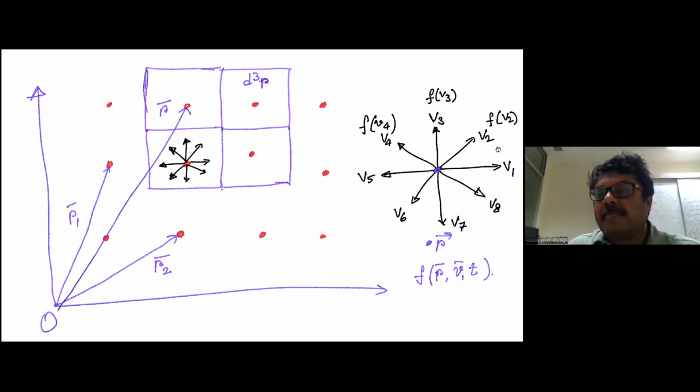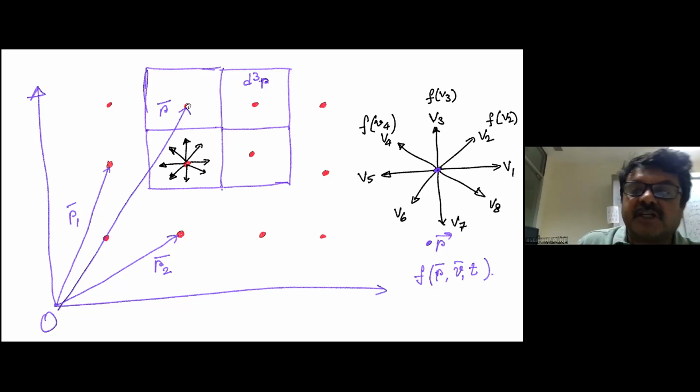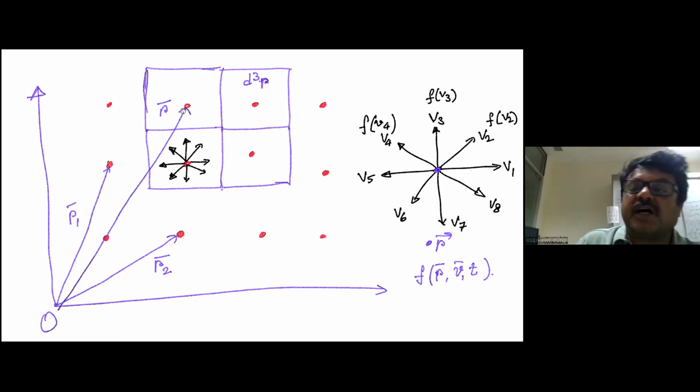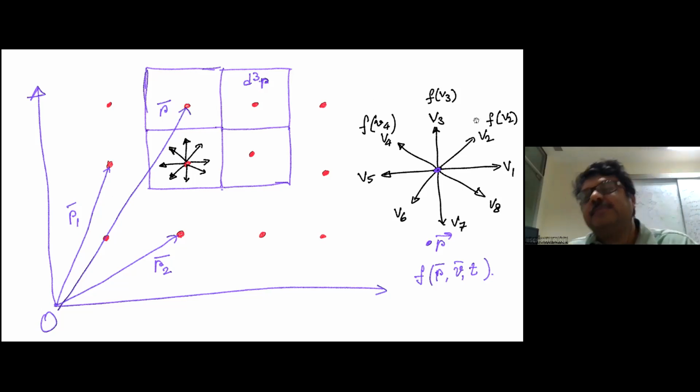Then f1 is the number of particles having velocity v1 at position r, and f2 is the number of particles having velocity v2 at position r at a certain time t.